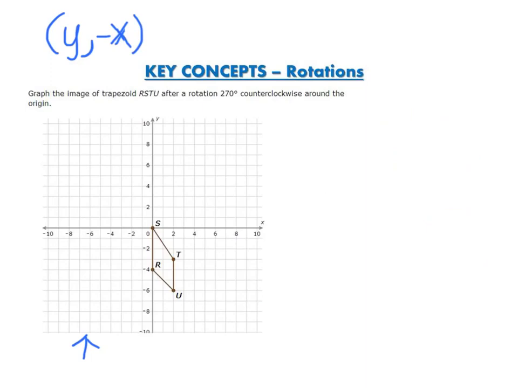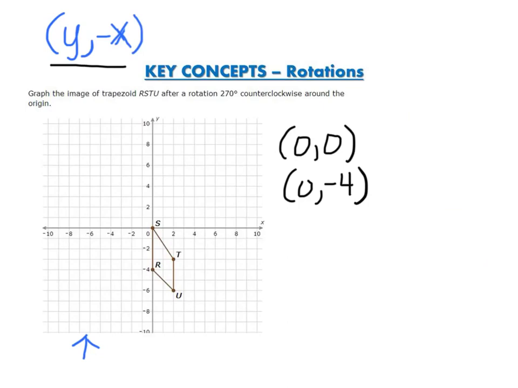So we need to write down the points, and the rule says that we are going to take the y value, it's going to become the new x value, and take the opposite of the x value and it becomes the new y value. So I'm going to start with S, and it is 0, 0. R is 0, negative 4. T is 2, negative 3. And U is 2, negative 6.